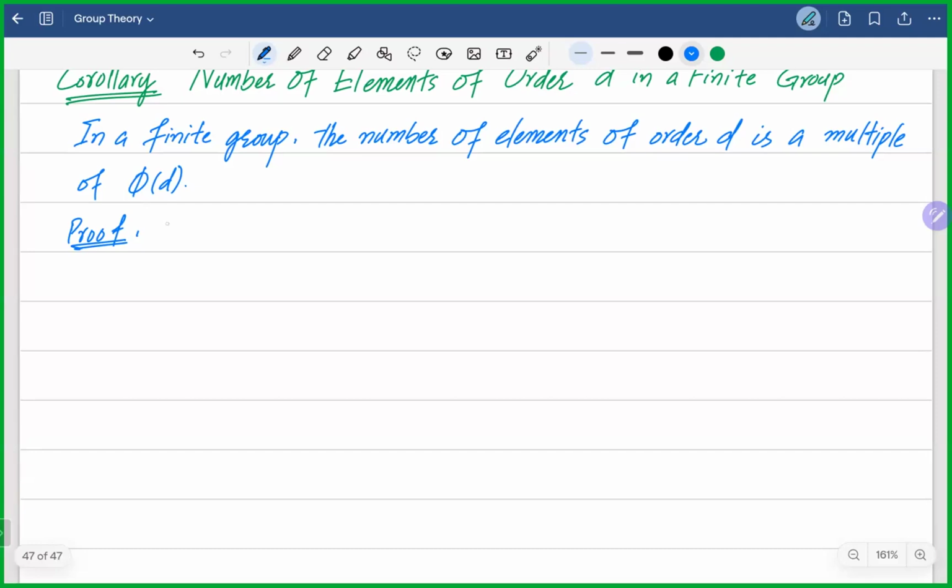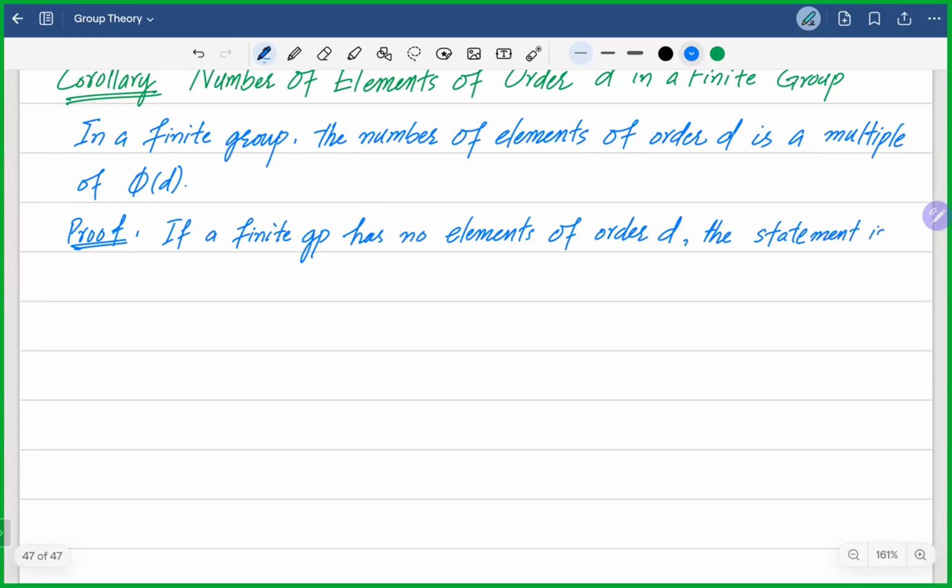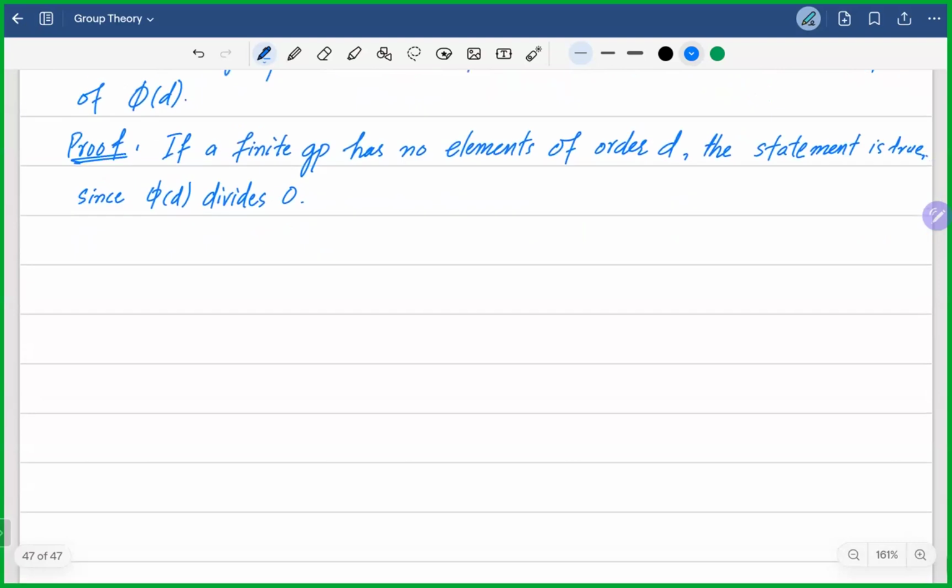In a finite group, if the group has no elements of order d, the statement is true, since phi of d divides 0. Perfect.